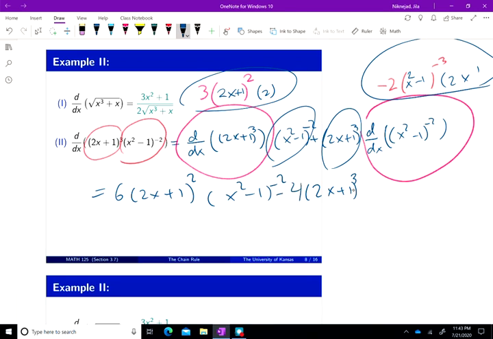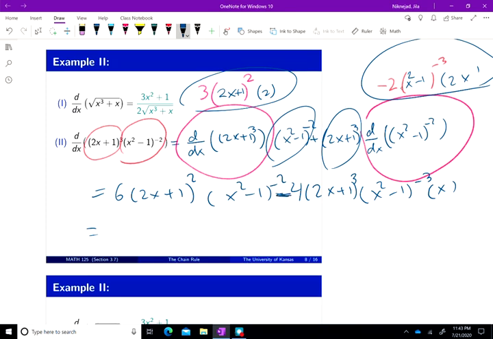And so you have (x squared minus 1) to the power negative 3 times x. And so this is the derivative. So one way is to make it into a common denominator. So factor the lowest exponent between them, there's a negative sign between them, right?